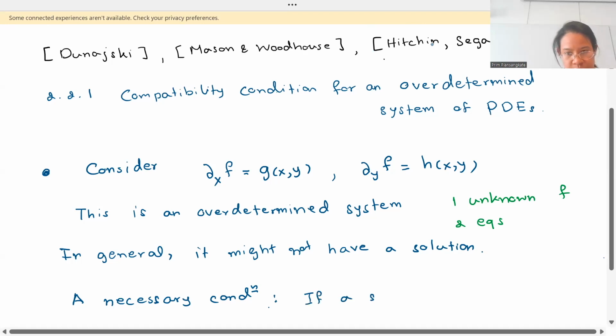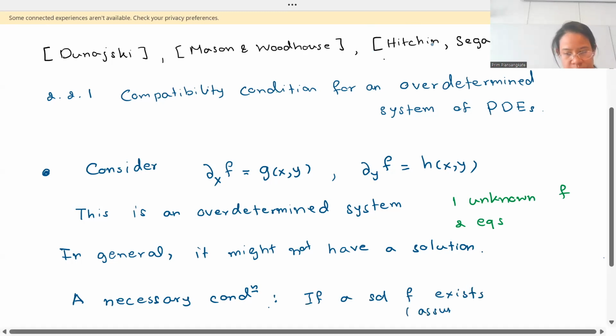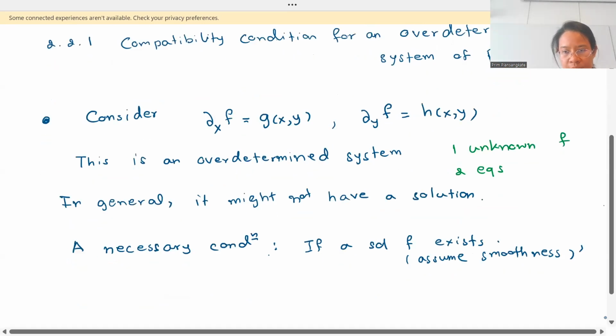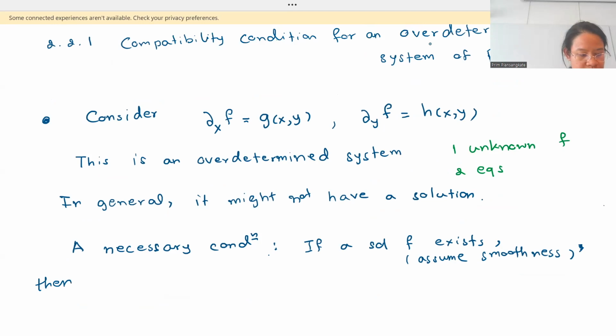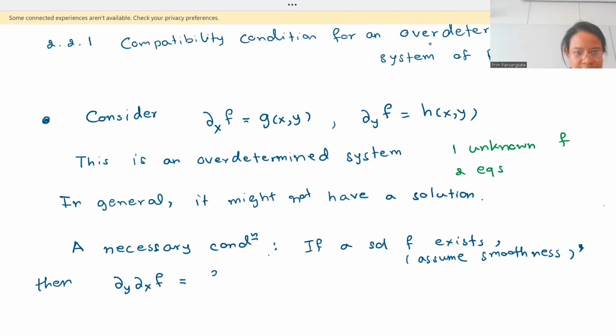So if a solution f exists, and I assume smoothness, then we would have that if you differentiate x and then y, it would have to be the same as y and then x.